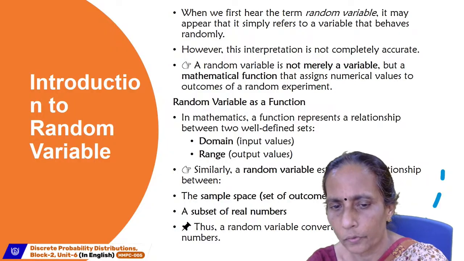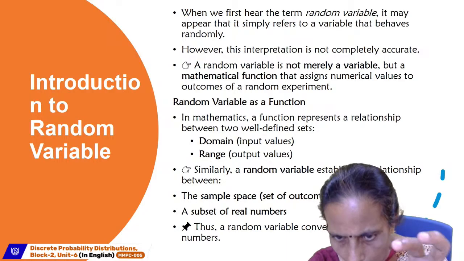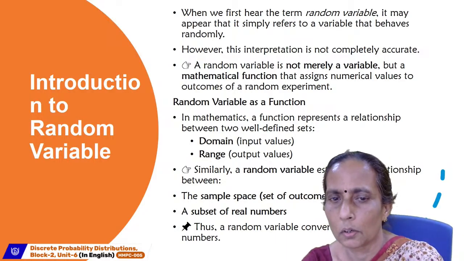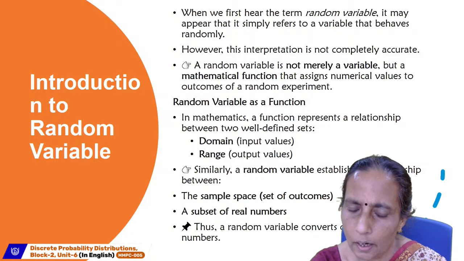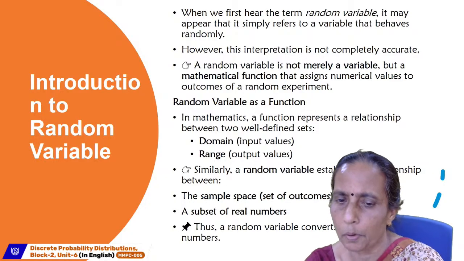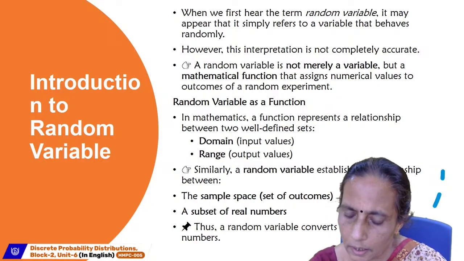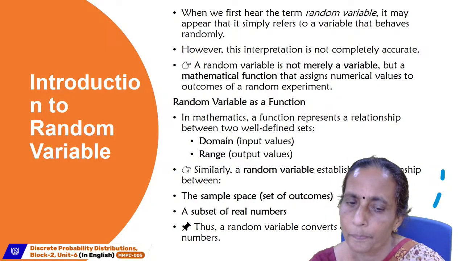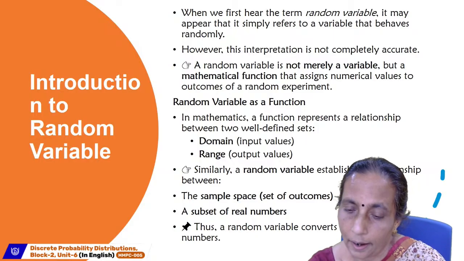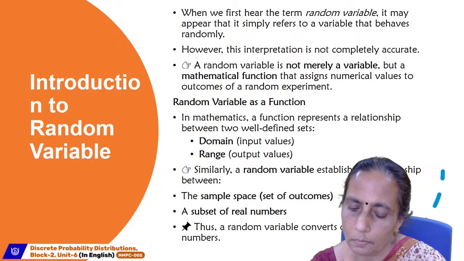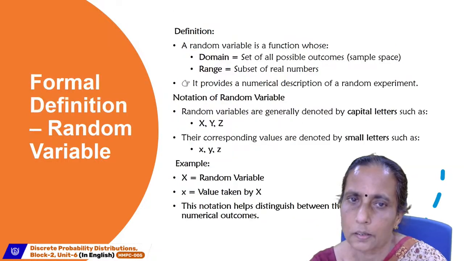Because the domain and range are bounded, we say that a random variable establishes a relationship between the sample space, that is the set of outcomes, and a subset of real numbers. Thus, a random variable converts outcomes into numbers.